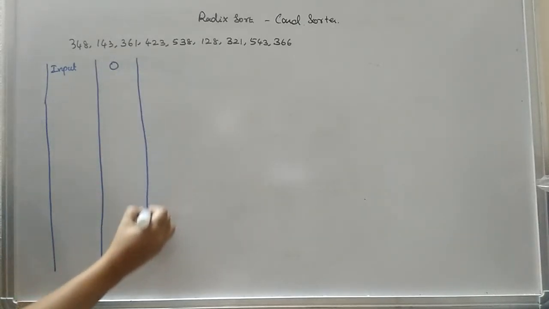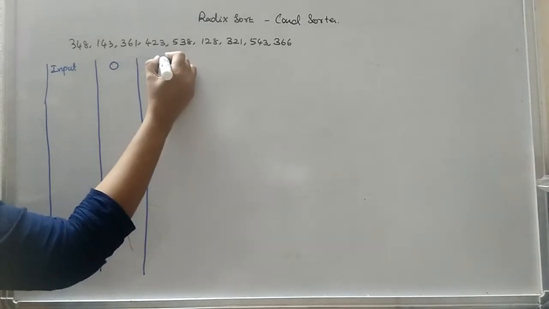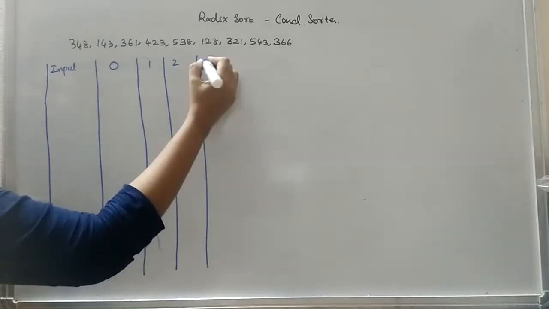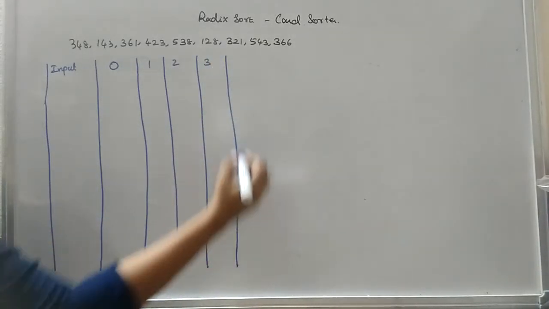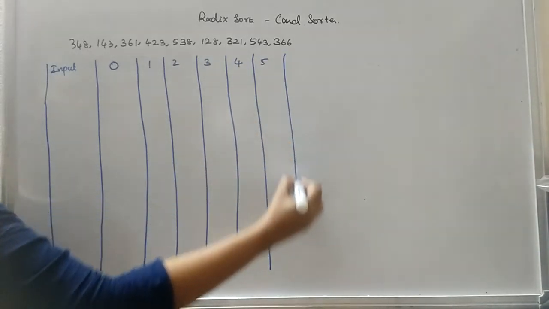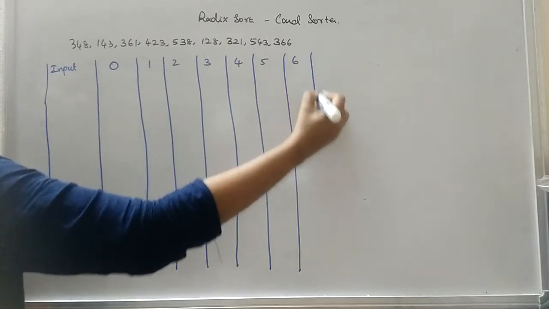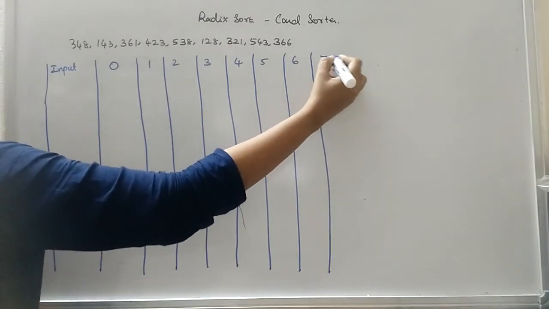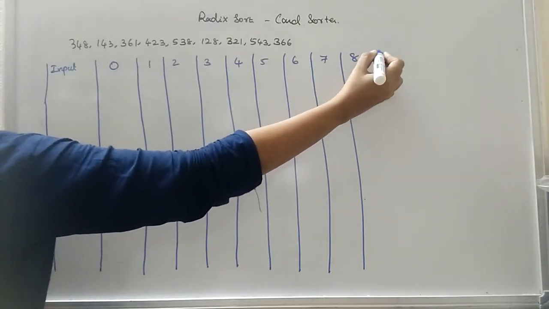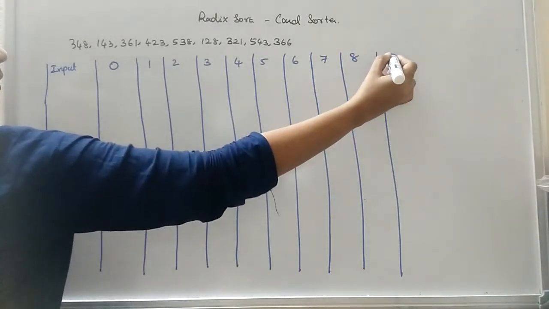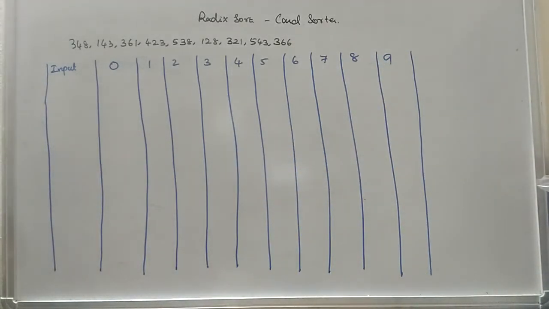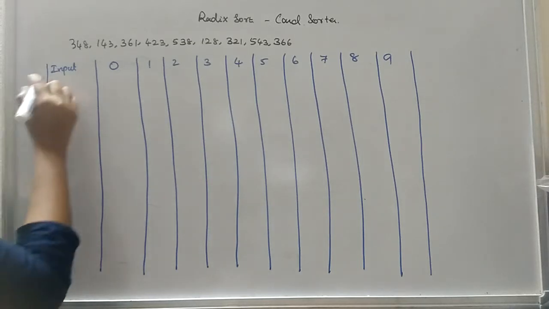So first write 0, then 1, then 2, 3, 4, 5, 6, 7, and then 8, and in the last one 9. In such a way you have to draw the table.